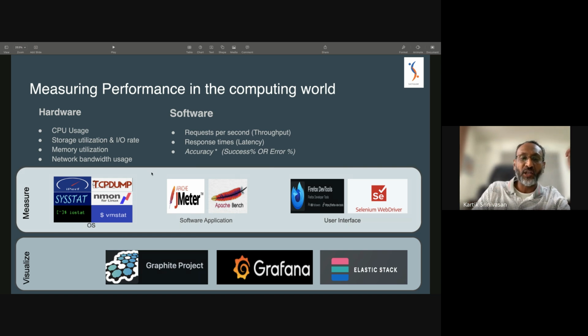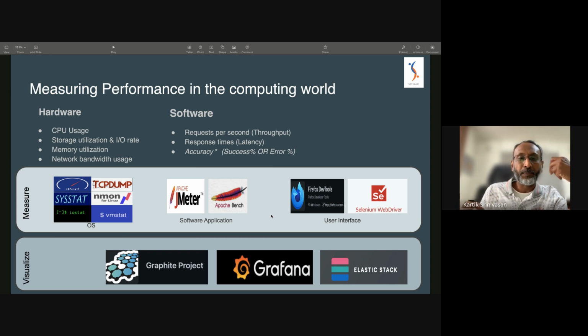So JMeter and Apache Bench are again open source tools that you should be able to make use of for software application performance testing. And then finally, there is the user interface as well. From a user interface perspective, typically these days there are just browser applications involved.